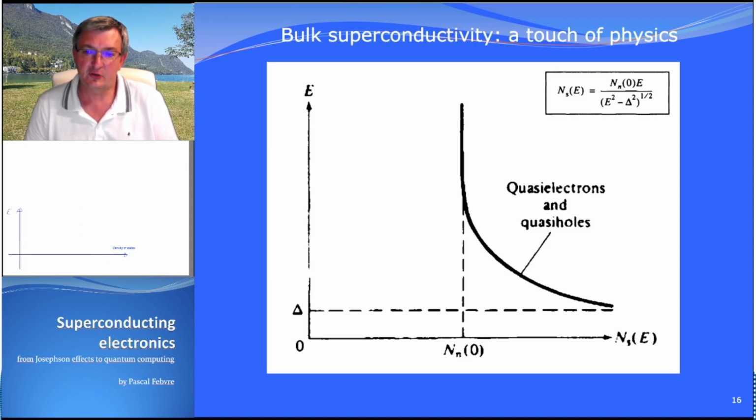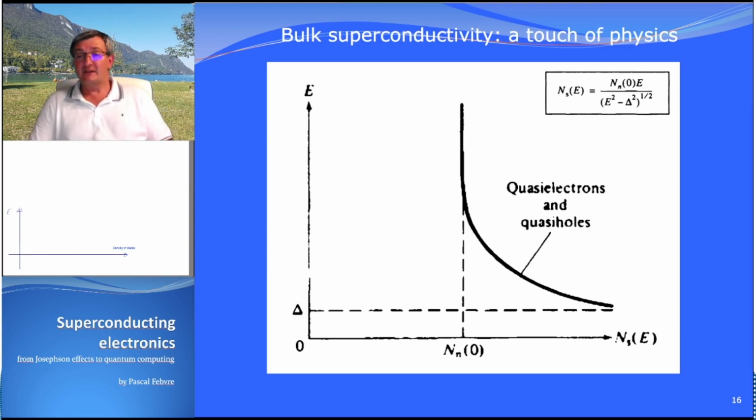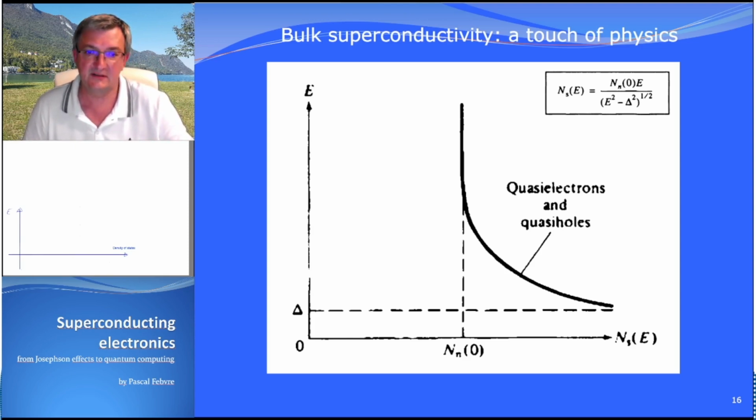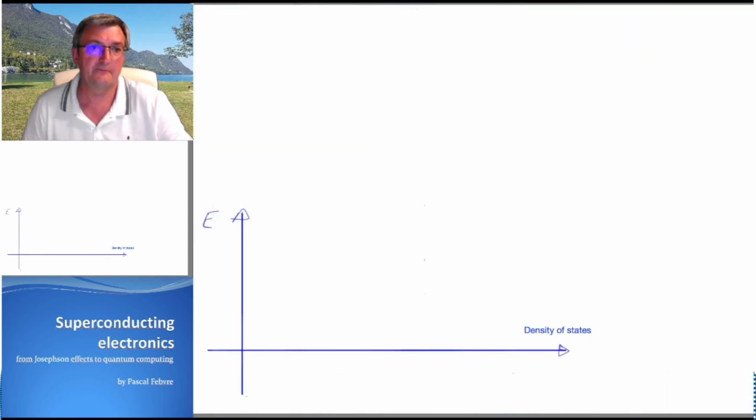It's maybe not so easy to understand, but basically what you can figure out is that when you have a normal metal, the conduction band is not full. So basically, you have a constant vertical. I can maybe show it on the screen.